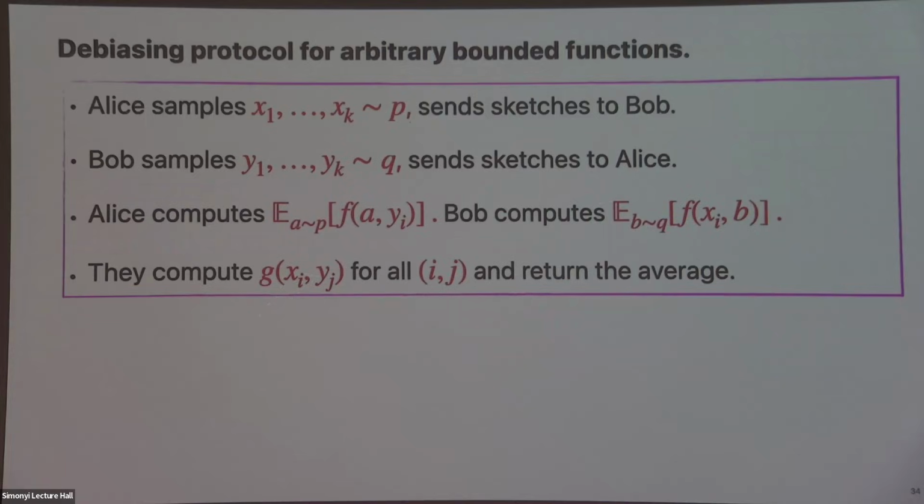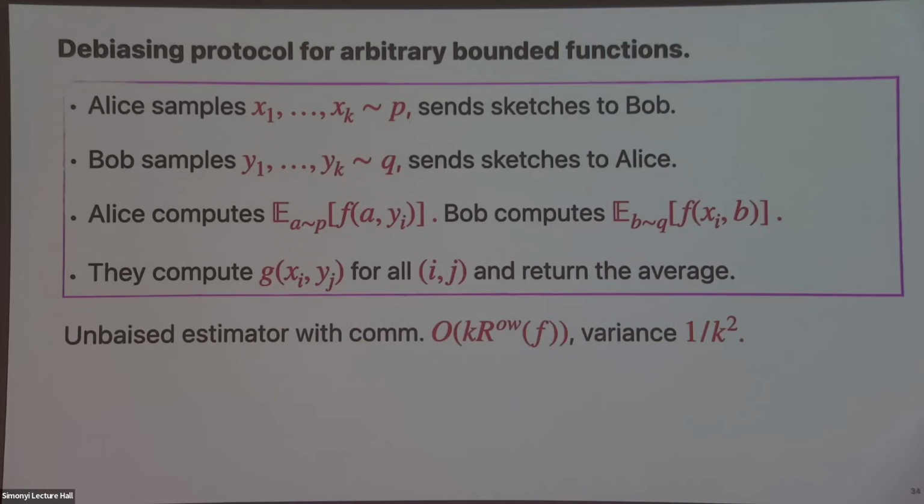They return the average. Right? So it's exactly what you would expect. Some things which changed is that random sampling could be done in one round. Alice samples first input, sends them to Bob and says, now you deal with it. Here they need to tell each other something because this expectation can only be computed by Alice and this expectation can only be computed by Bob. So you needed 2 rounds.